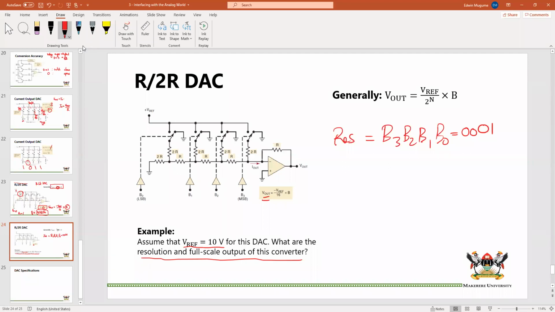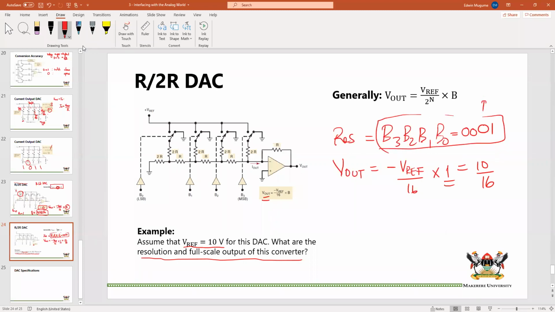So let us see. That means our Vout here will be negative Vref over 16 times B, which is 1. And Vref is 10, so 10 over 16. Vout is equal to negative 10 over 16. That will be your resolution.